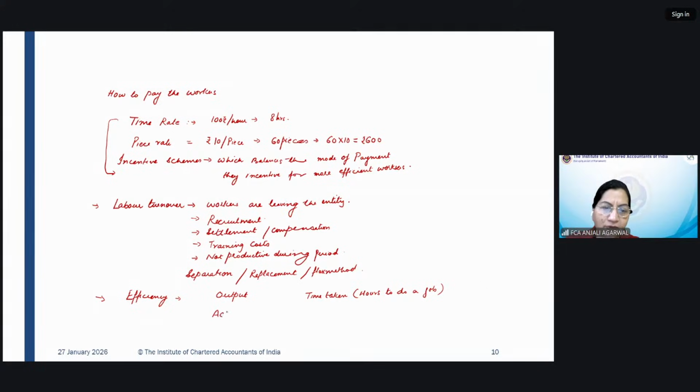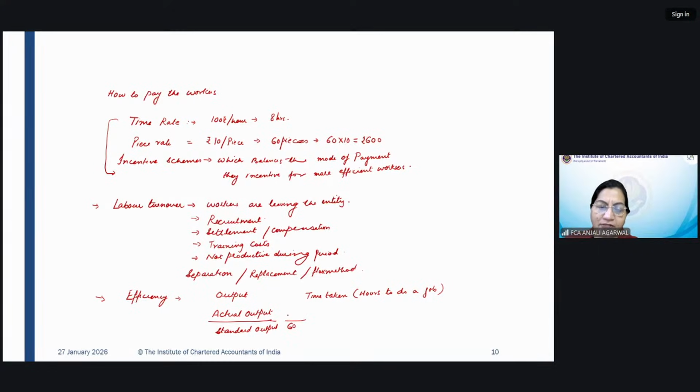So when you talk about output, efficiency is calculated as actual output divided by standard output. The engineering and time study department have given us that during this period, the standard output should be, let's say, 60 units.